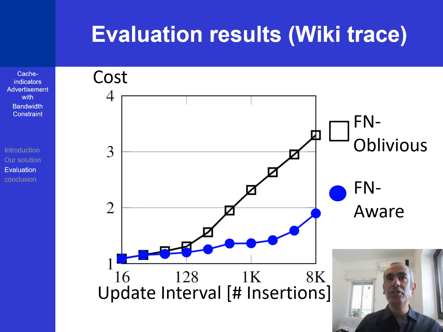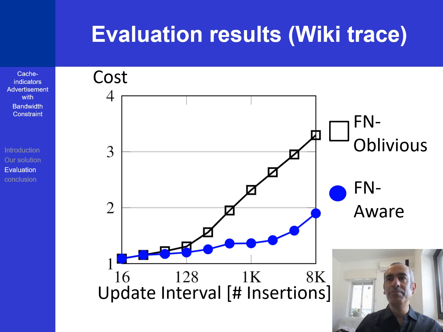This figure shows the expected cost of a data access for the wiki trace when varying the update interval. Observe that when increasing the update interval, both the false negative aware and the false negative oblivious access strategies show an increase in the expected cost.